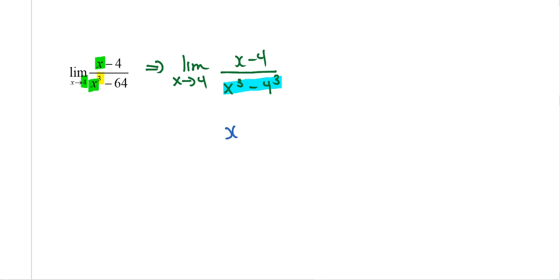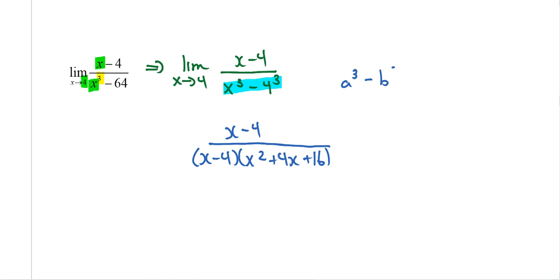This is the same thing as x minus 4 divided by x minus 4 times x squared plus 4x plus 16. That's simply coming from the formula that we talked about from chapter number 1. This would be a minus b times a squared plus ab plus b squared. So you just use that formula and you should be able to factor the denominator.